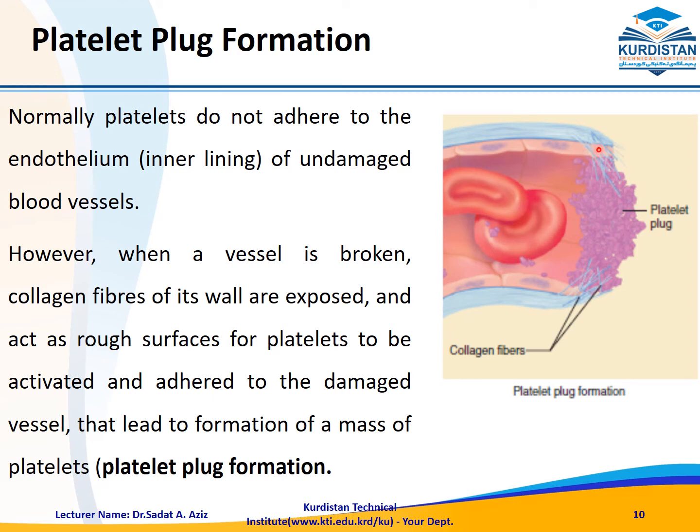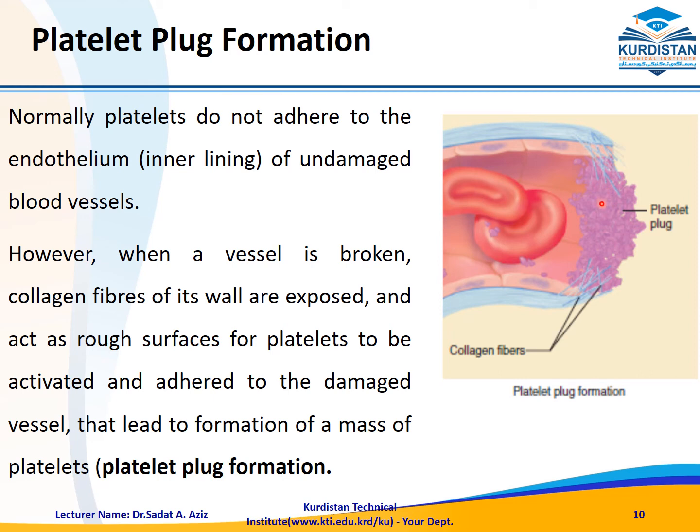But upon an injury, when the collagen fibers, which are located in the wall of the blood vessels, are exposed to the platelets, the platelets can be activated when they come in contact with the collagen fibers.